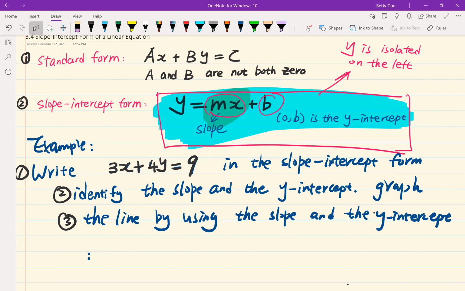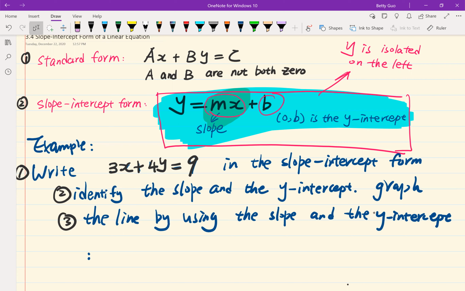Let's look at this formula carefully, okay? It's an equation. The equation has two variables, x and y, right? The exponents on the x and the y are 1, so it's a linear equation in two variables.